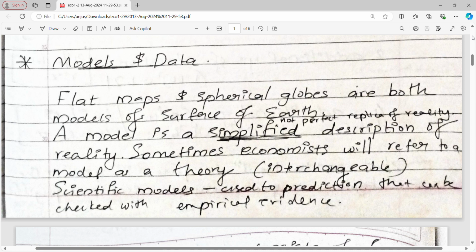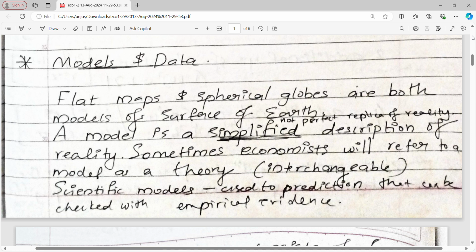But can we use a spherical globe when we travel, for example, from New Delhi to North Delhi? You can't carry a spherical globe with you to realize which direction and which routes you have to travel. For that you need to use a map, Google Maps. The most feasible option is Google Maps.